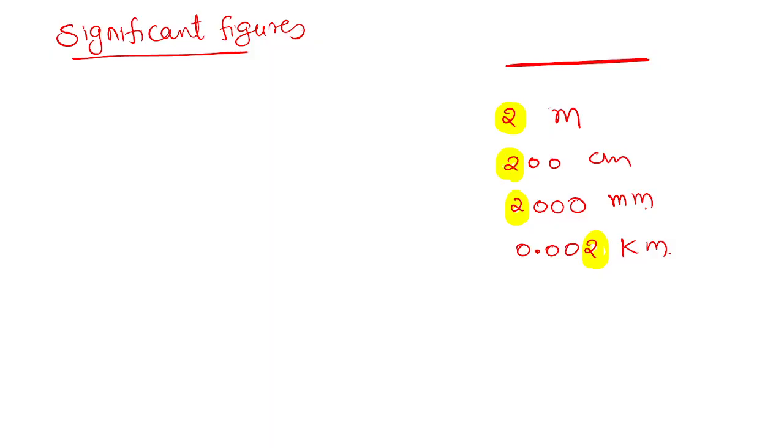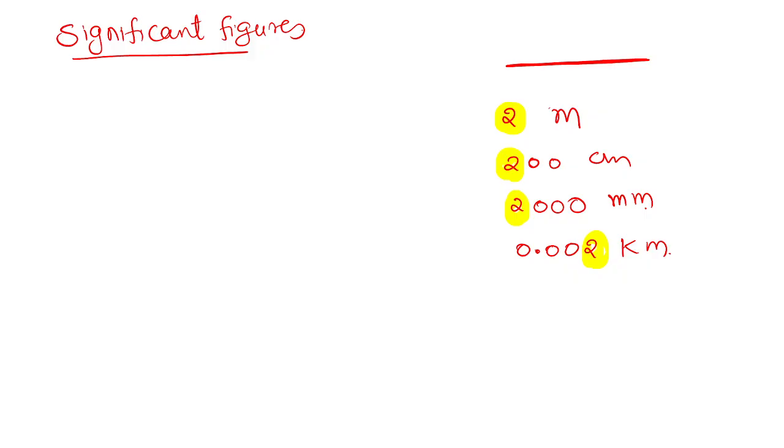That 2 will never disappear. But the number of zeros may change. So I can say that only 2 is the significant digit. Looking at all the measurements, 2 is always there, but 0 keeps changing. So only one significant digit is there in this measurement, which is 2.